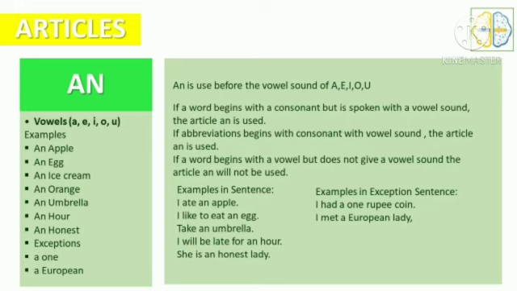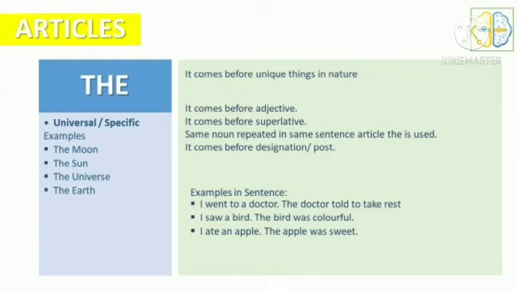So let's move to our third article, that is article the. Article the comes before the unique things in nature, like the moon, the sun, the universe, the earth. These are only one thing in the world.